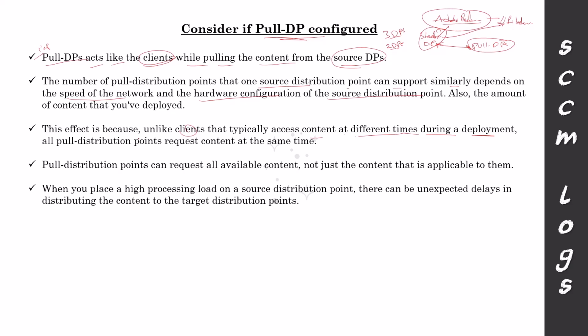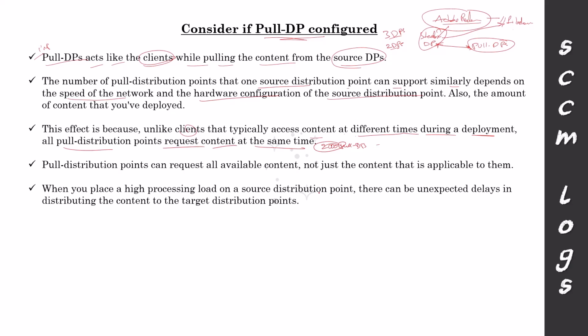But when you consider full DPs, they request the content at the same time. For example, if you have 2000 full DPs, these 2000 full DPs request the content from the source DP at the same time, not at different times. Every DP will trigger at the same time.